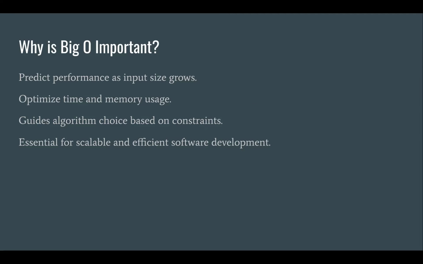So Big O gives us the tools to predict and optimize performance, ensuring we use time and memory efficiently. Choosing the right algorithm can mean the difference between a program that completes in seconds and one that takes hours. This makes Big O crucial for developers, data scientists, or anyone building software for real world problems.